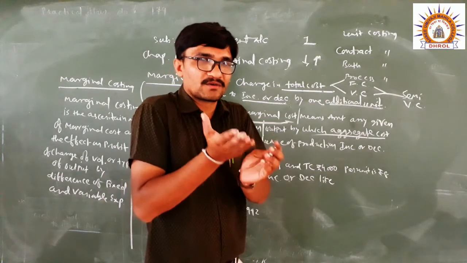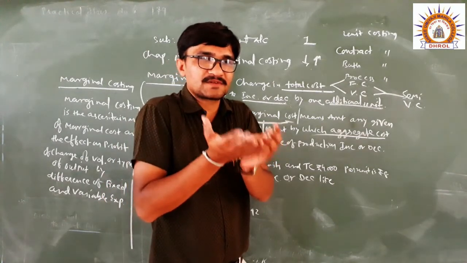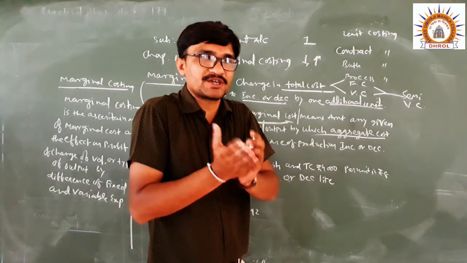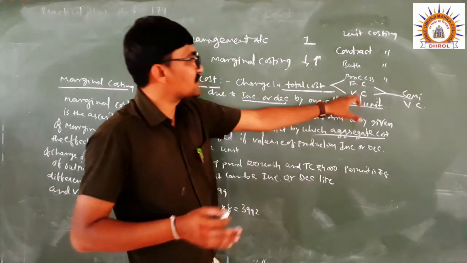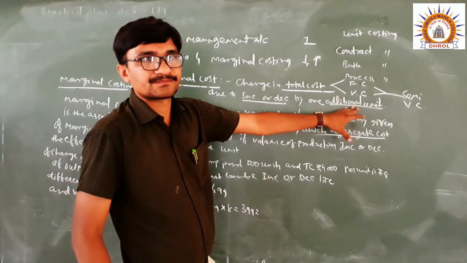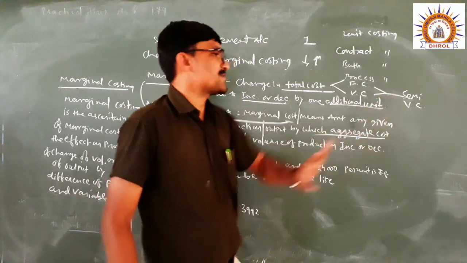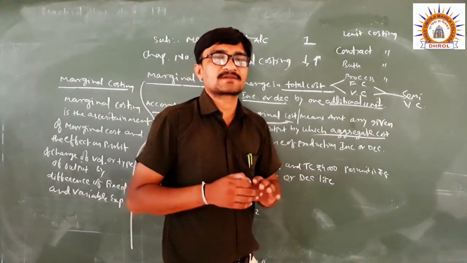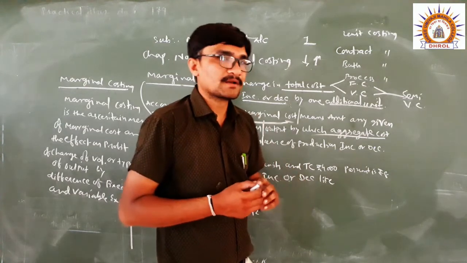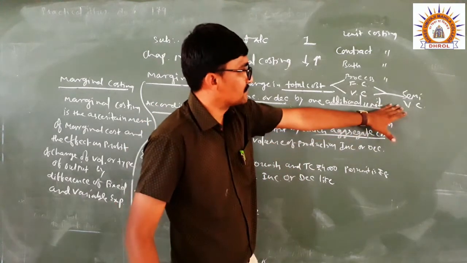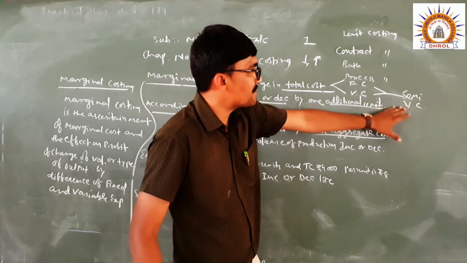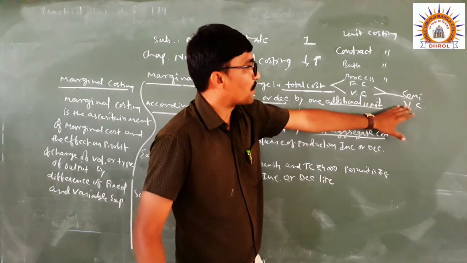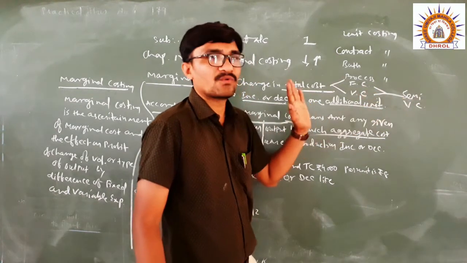Then the variable cost changes if the volume of production, that means the volume of output, changes. Then there may be a change in variable cost. Then semi-variable cost means it is partly fixed and partly variable. Again I tell you, the semi-variable cost is the combination of fixed cost and variable cost.